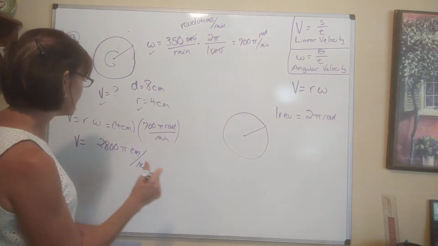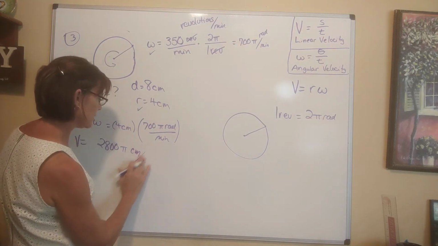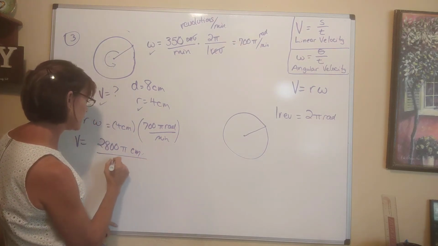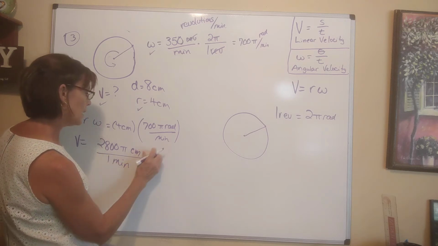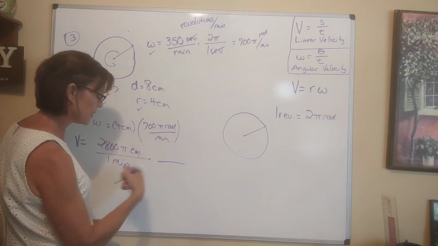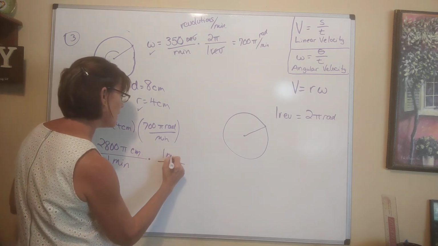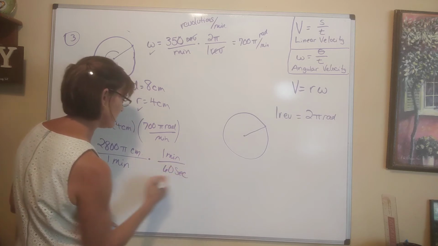To convert, I'm going to write my fraction like this because this is called dimensional analysis, per 1 minute. So I'm going to watch my units cancel out. How many seconds are in 1 minute? In 1 minute, there are 60 seconds, right?